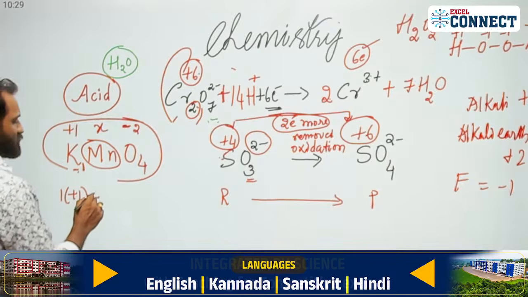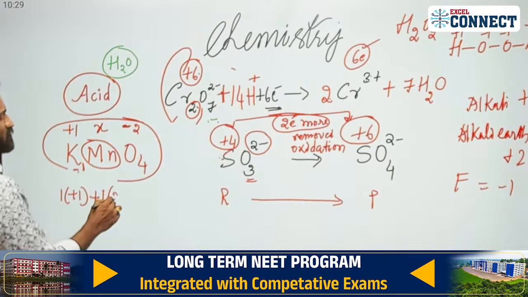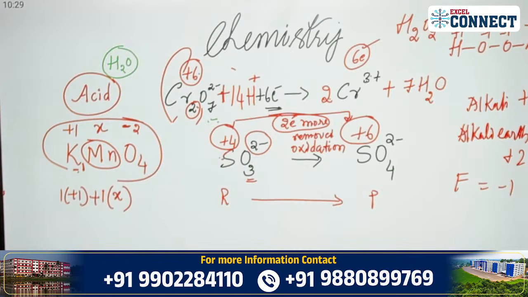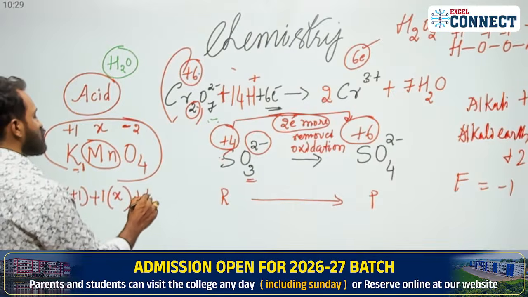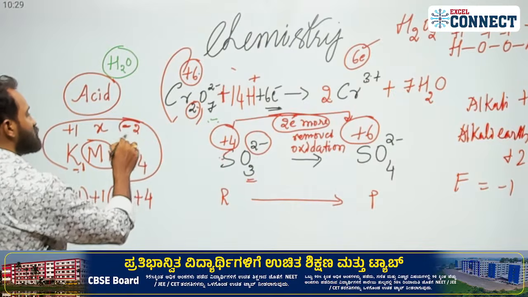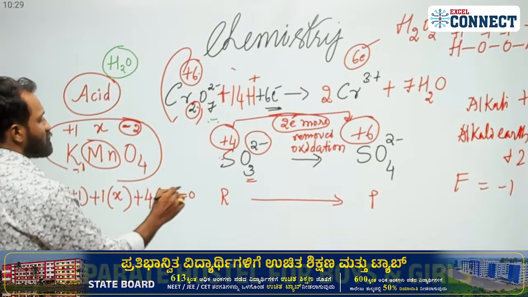Here 1 manganese is there, its oxidation state we don't know, so it will be taken as X. And here 4 oxygen are there, each with oxidation state -2, equal to 0.